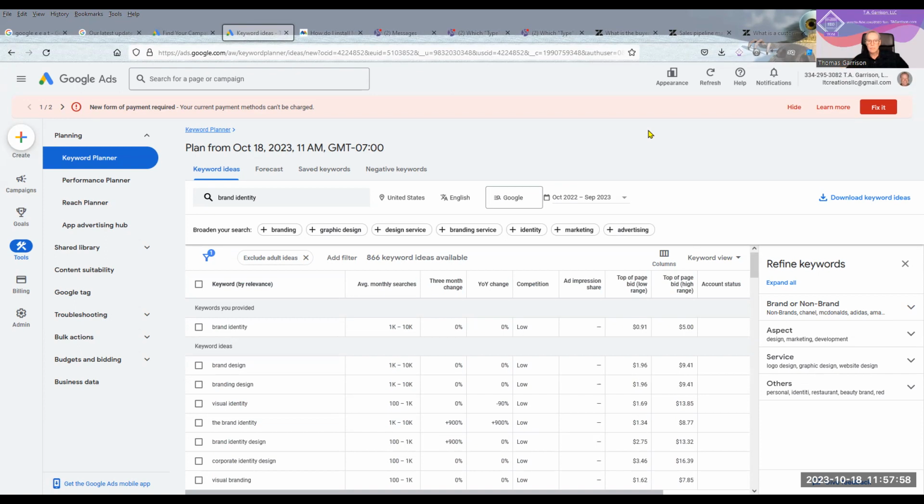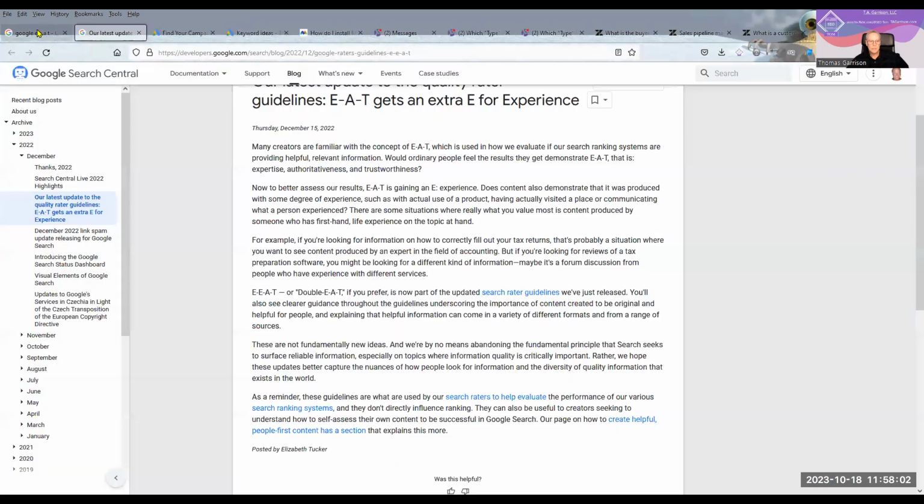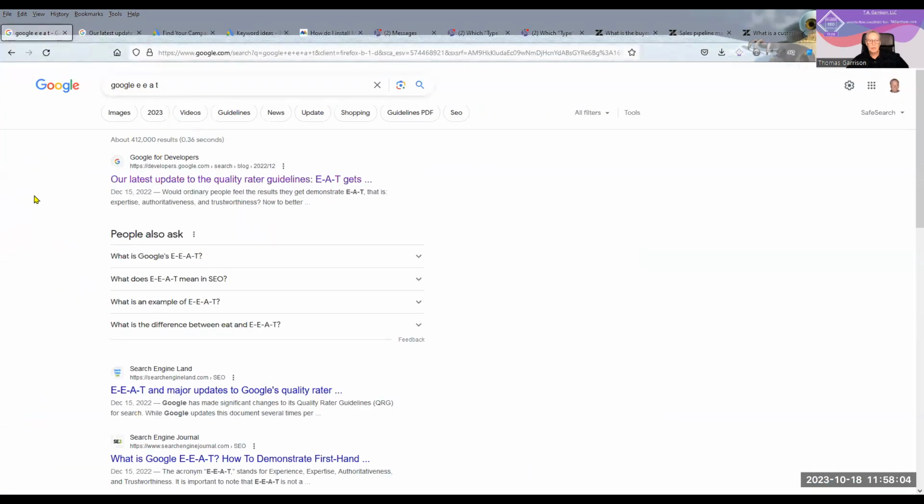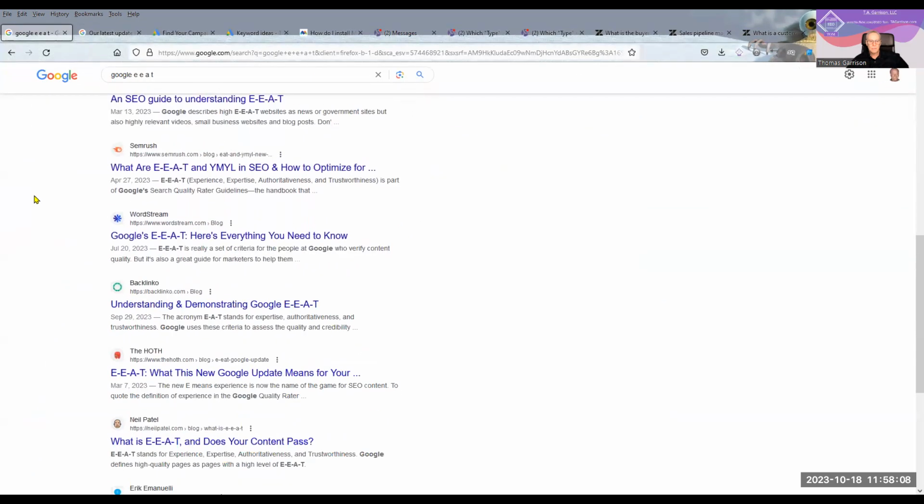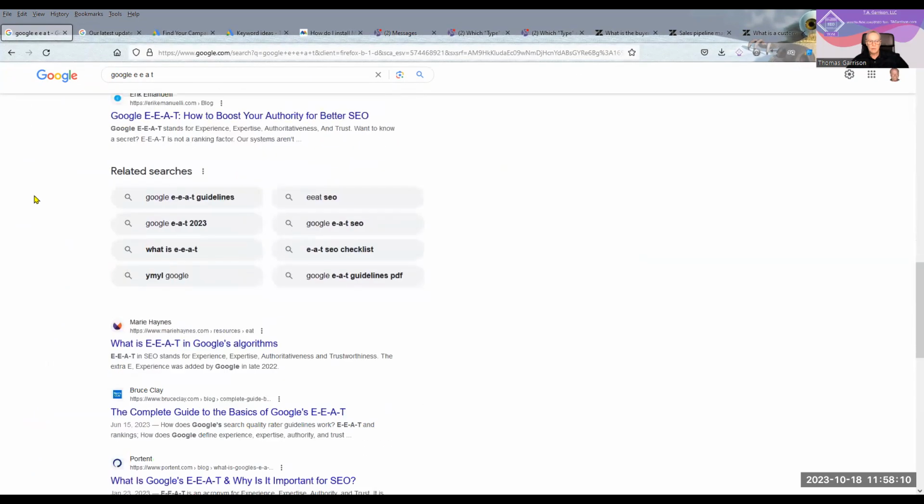And I'm going to show you something else. In Google, let's just say we searched something. So here I searched Google EEAT. No matter what you search, almost every search term has these related searches.